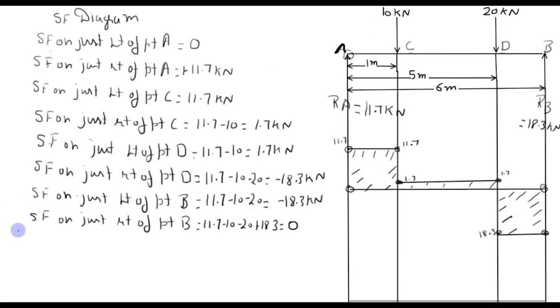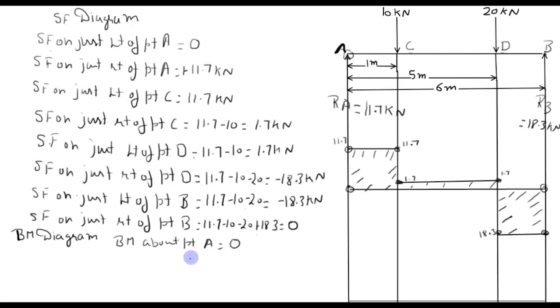Now to draw bending moment diagram, we have to take each point one time and calculate the moment due to leftward forces. So first one is point A. So bending moment about point A. On the left side of point A there is no force, so no bending moment.